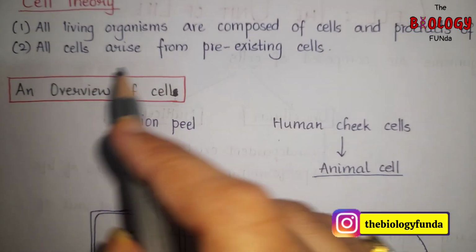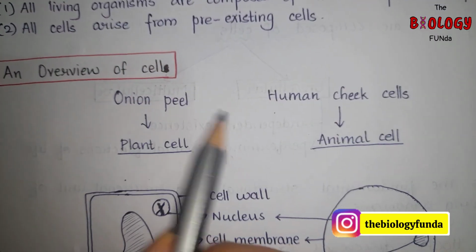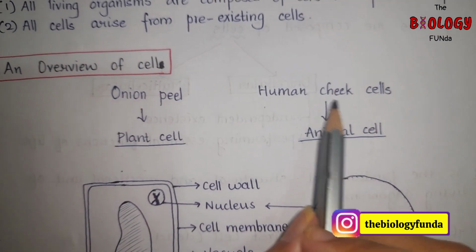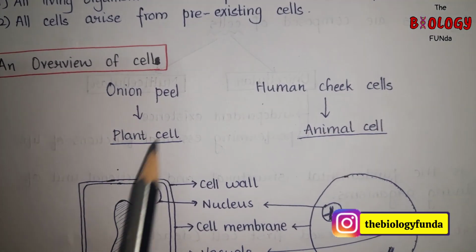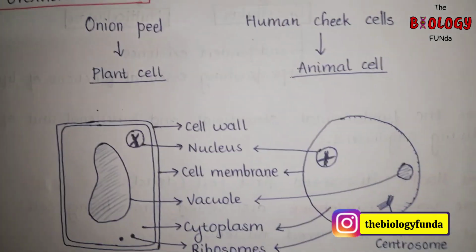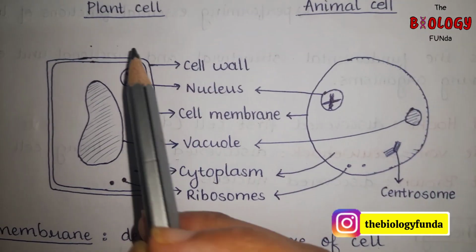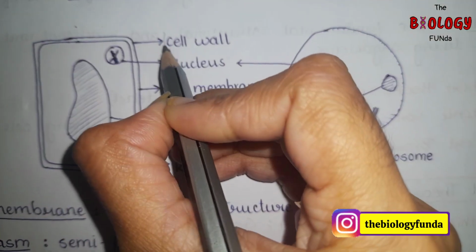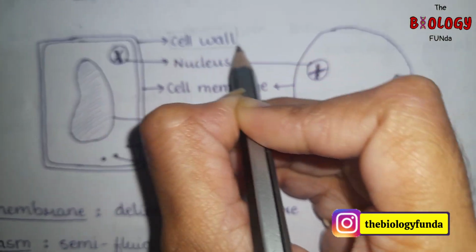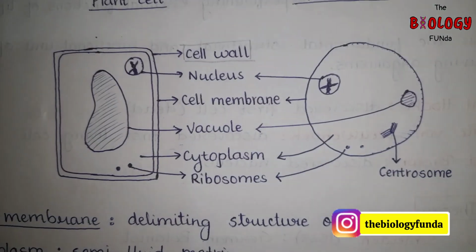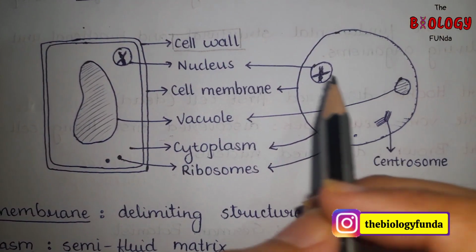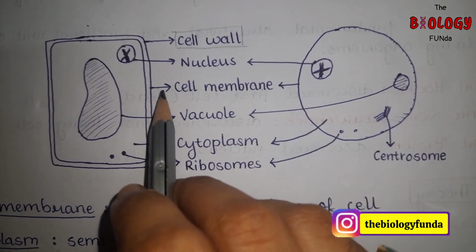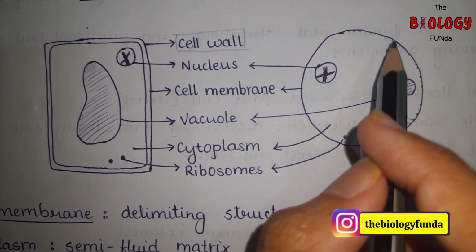Now let us look at the overview of a cell. If I take an onion peel and a human cheek cell, onion peel is a plant cell, human cheek cell is an animal cell. We observe that the plant cell has an outer layer which is known as the cell wall, right? And there is a cell membrane after that, which is also present in the animal cell.